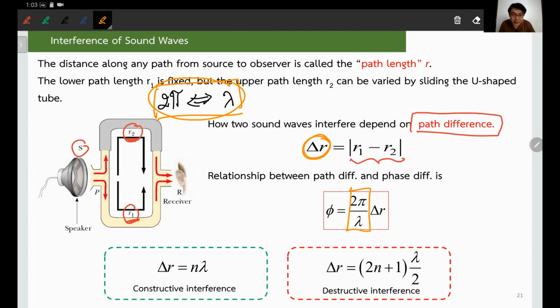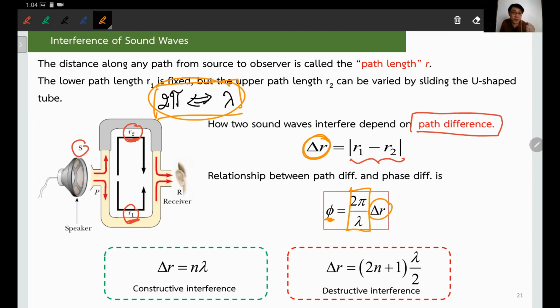You guys with me? Because the phase changes by 2 pi every lambda. So that means if I move by a distance of whatever, which now we call delta r, all I need to do is just multiply that delta r with 2 pi over lambda. Then I will get that phase difference that we are talking about.